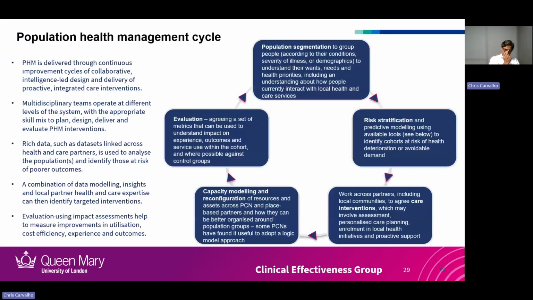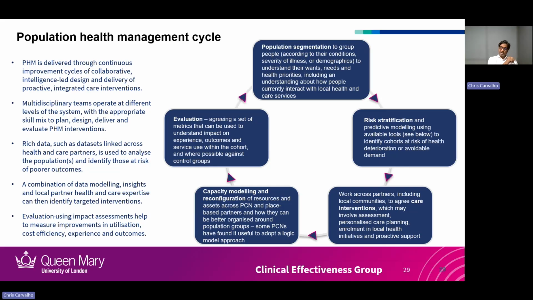This slide is taken from the NHS features page from Population Health Management. I'm not going to go through it in detail, but you'll see that there is the population segmentation, which starts at the top there, although this is a cyclical process. Starting with the population segmentation, that then allows you to understand the wants and needs of your population alongside the priorities, and then how people interact with the local healthcare services.